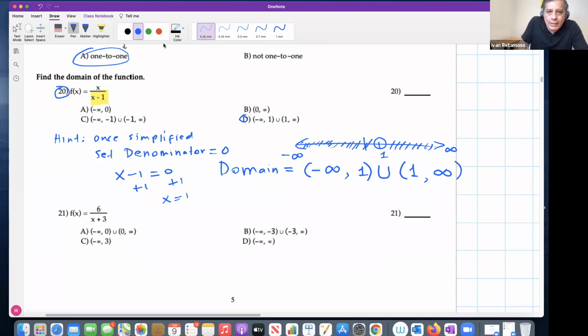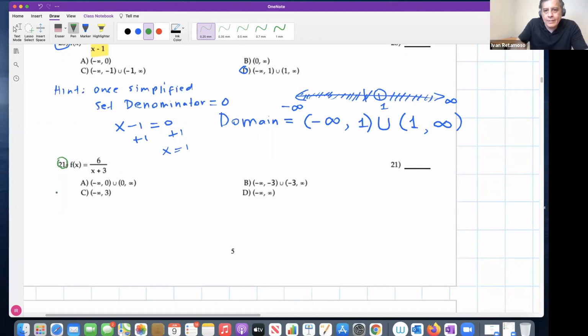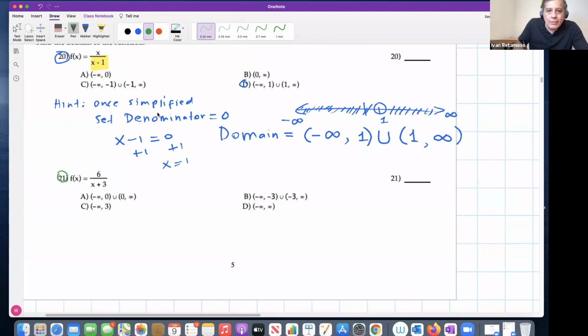What about 21? Can you try this 21? Similar? Which is the value of x that is not good. And sometimes I give this hint, right? If you don't want to solve the equation, you can think of taking this as the opposite of this, right?